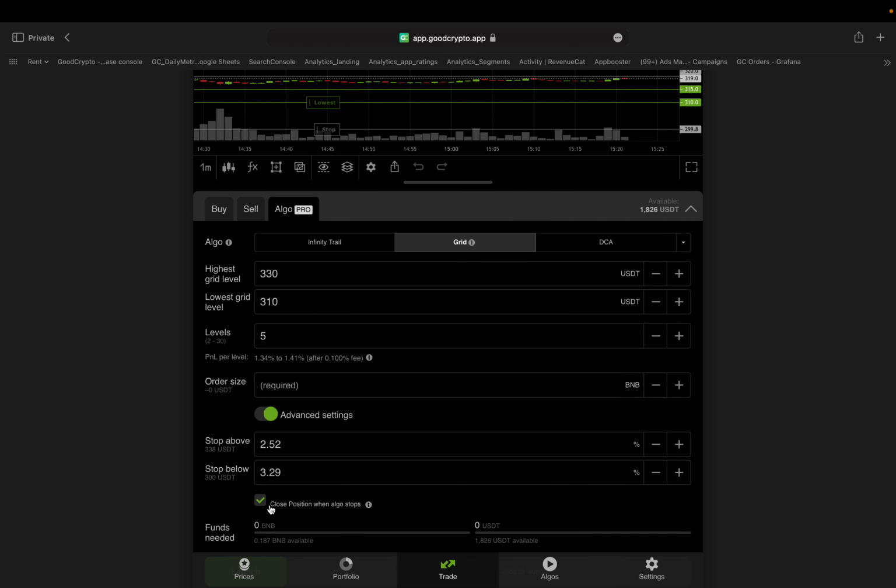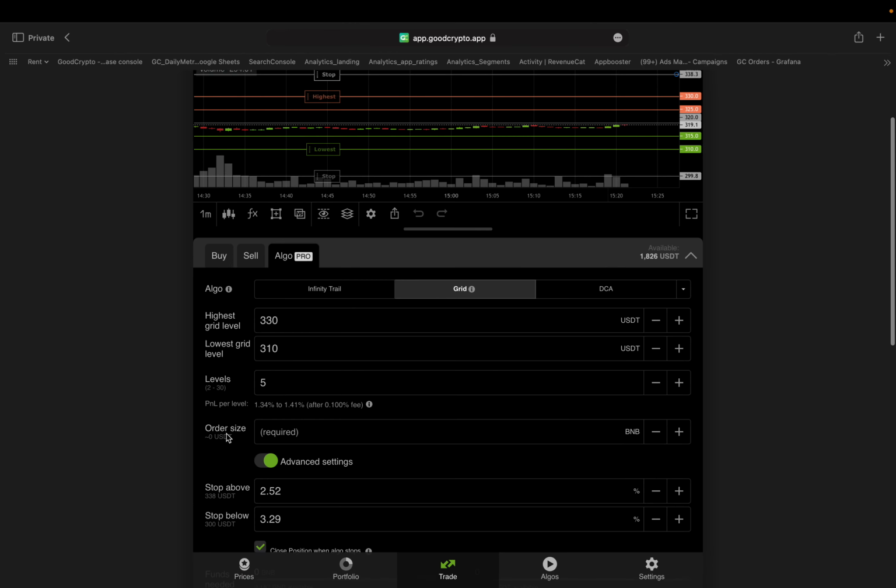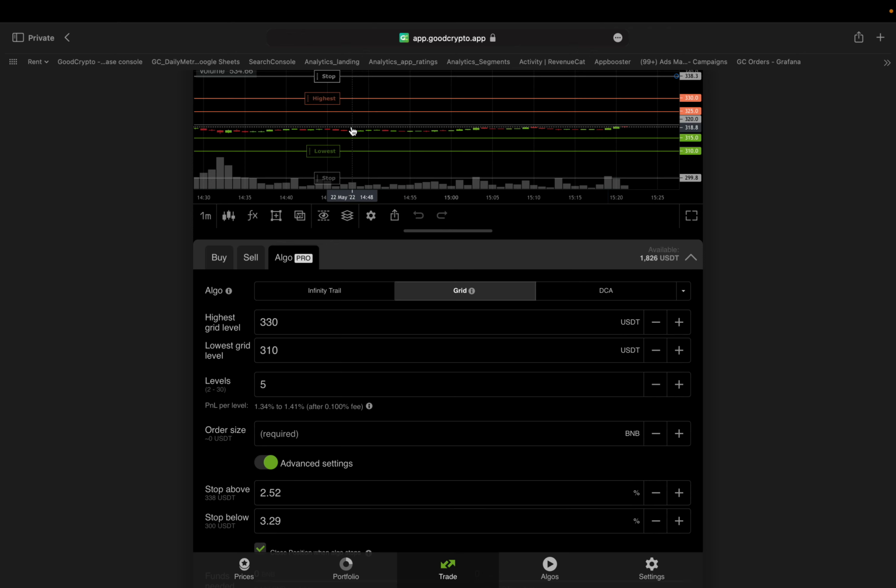And there is another setting here, a checkbox, which is on by default, which says close position when algo stops. What does that mean? Remember, if the price left the range of the grid and went down as much as to be near the stop or about to hit the stop, that means that you have an open position on your hands.